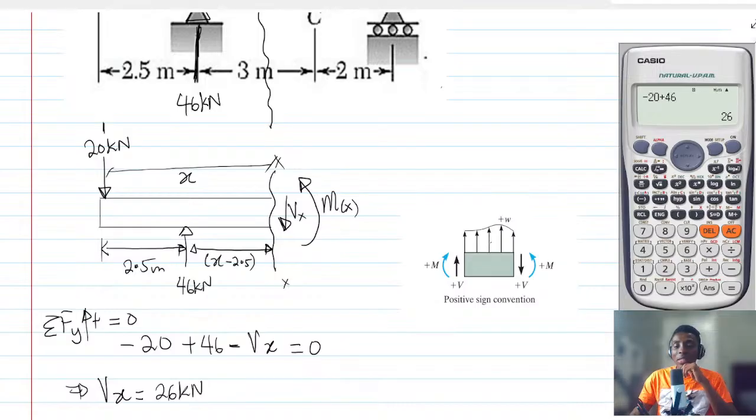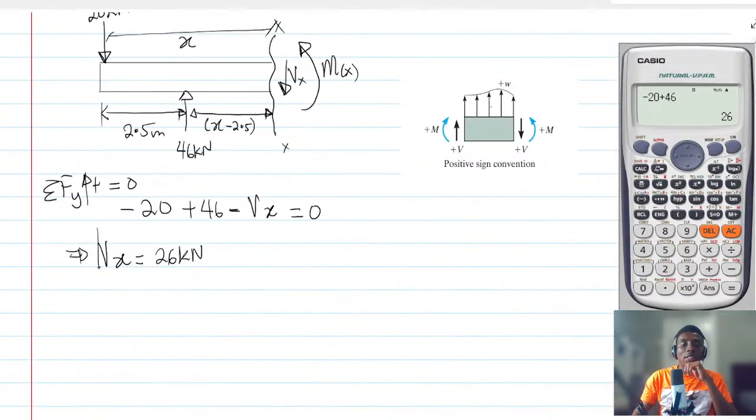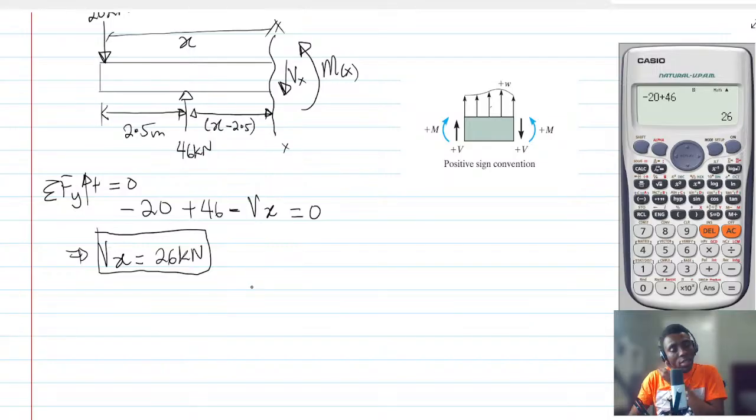So it means that Vx is 26 kilonewton, right? Vx is 26 kilonewton.